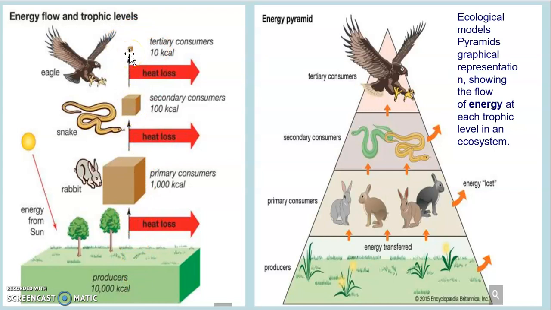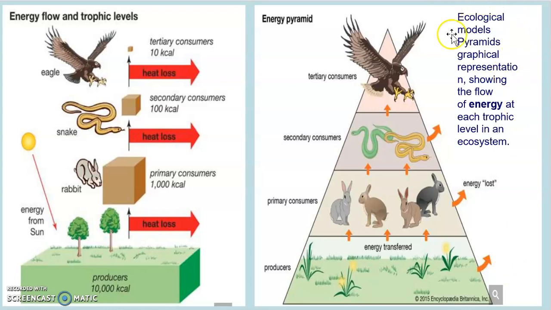What we can do is look at an ecosystem and take all of the producers and work out what the productivity of all of the producers is collectively. We can calculate the productivity of all the primary consumers, and so on. And if we map this out as a pyramid of energy, it is pyramid shaped because energy is going to be lost at every single trophic level.